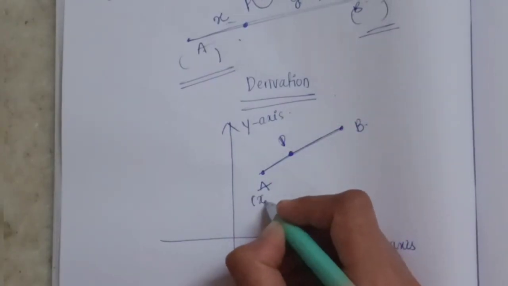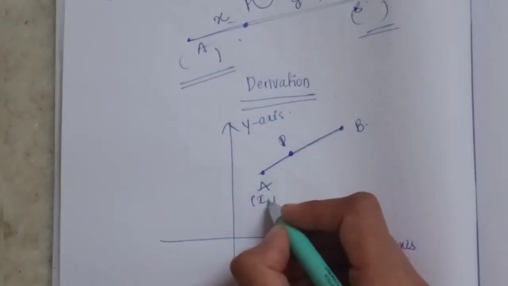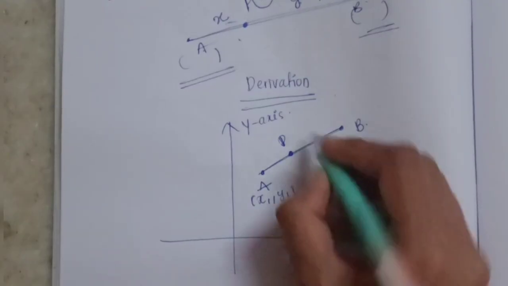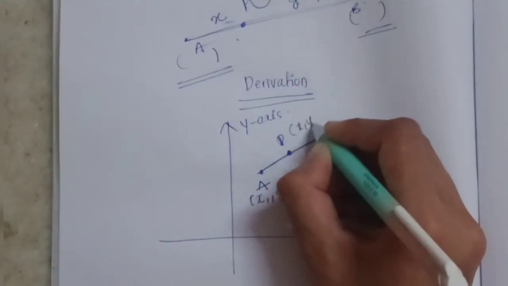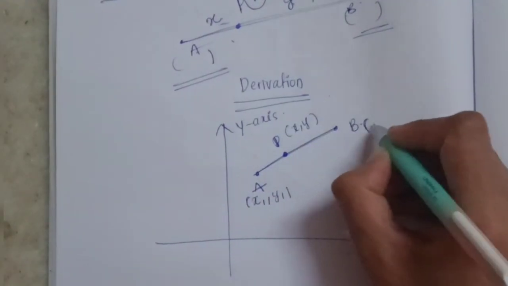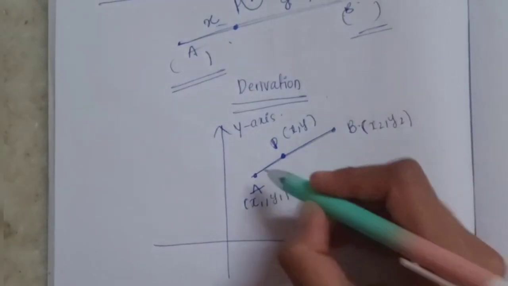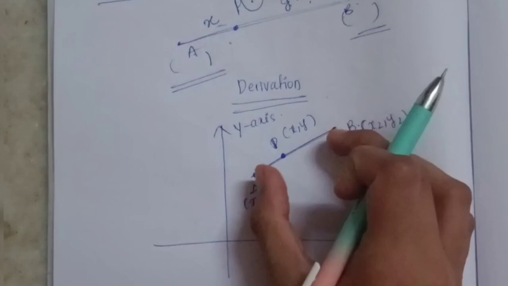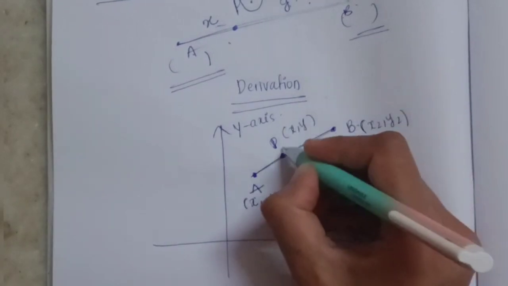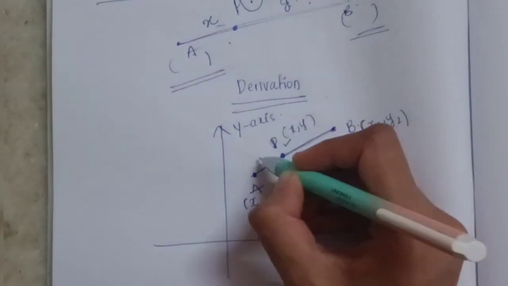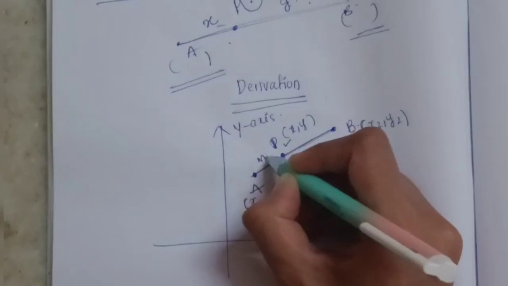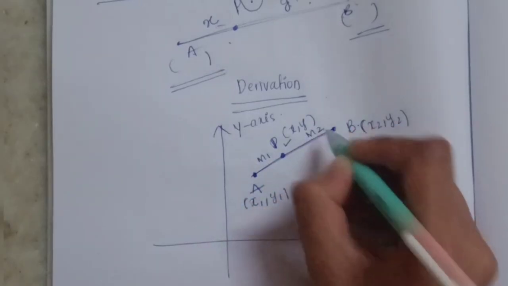Let's say their coordinates are (x1, y1), this is (x, y), and this is (x2, y2). These points form a line segment, and point P divides the line segment in some m1 is to m2 ratio.